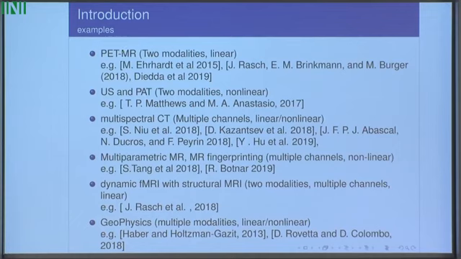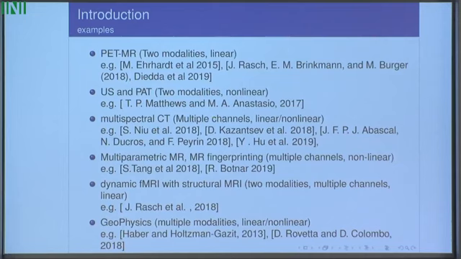So PET-MR is an example I showed in that slide. This is basically two linear inverse problems. Ultrasound and what's called photoacoustic tomography are both based on acoustics, but are nonlinear. So one has to solve a joint nonlinear problem.